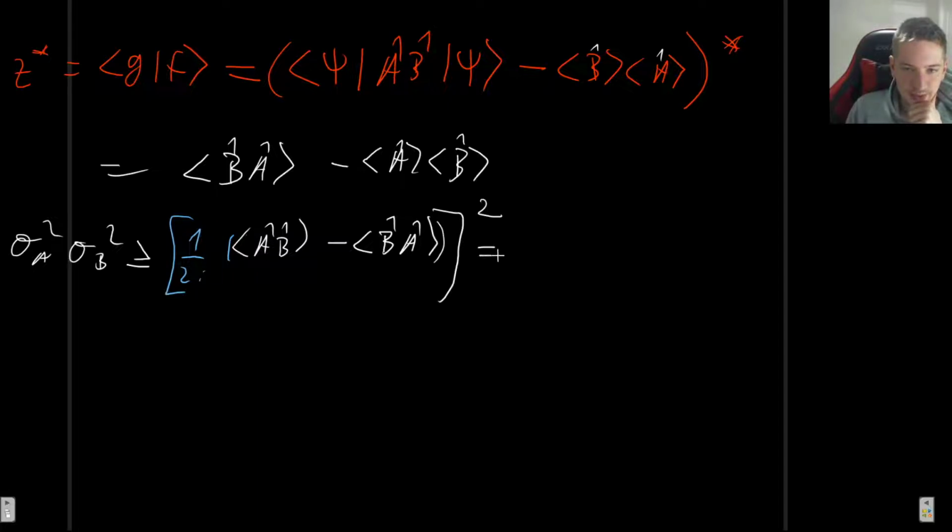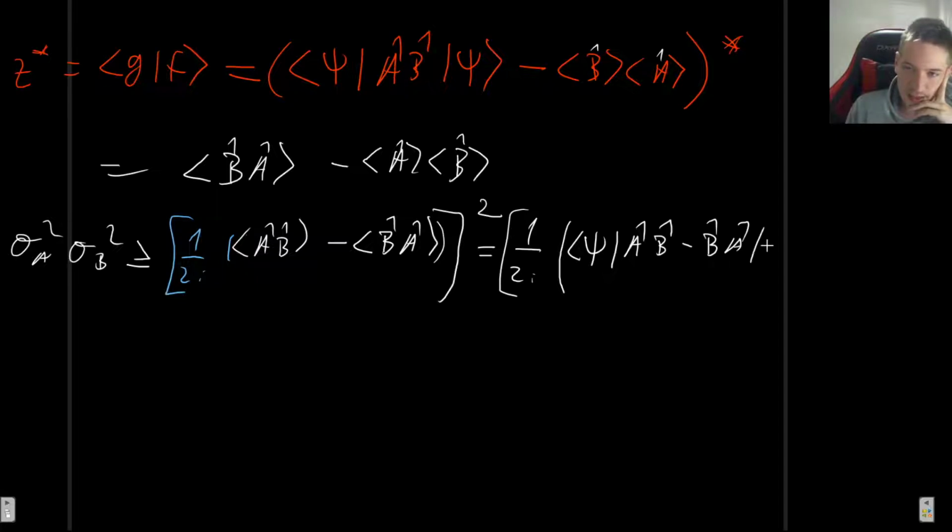We can rewrite this as 1 over 2i times the product of, this is just to make it very clear, AB minus BA acting on psi. All I did here is, remember, I just wrote each one of these in their explicit form, and then I applied the linearity of Dirac notation. We already saw that property before, we know we can do that.